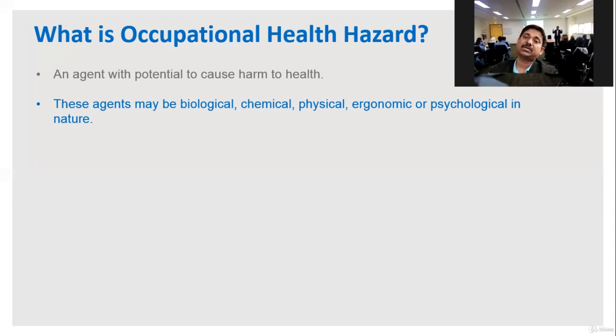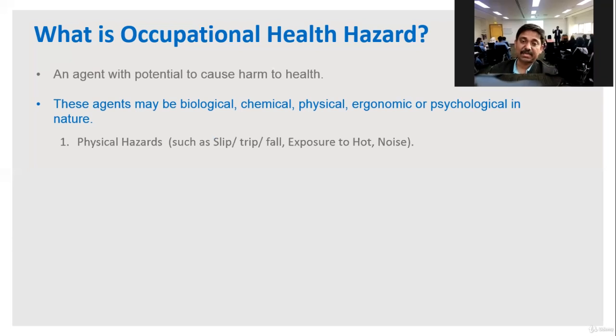This is because of chemical hazard. So every hazard is not a risk. If it were so, we could not work in our organization, because electricity is a hazard, fire is a hazard. But all the hazards are not a risk. When it is uncontrolled, at that time it becomes a risk.